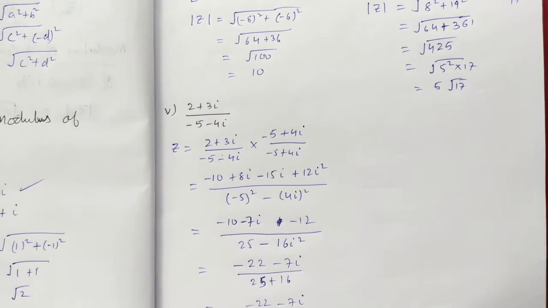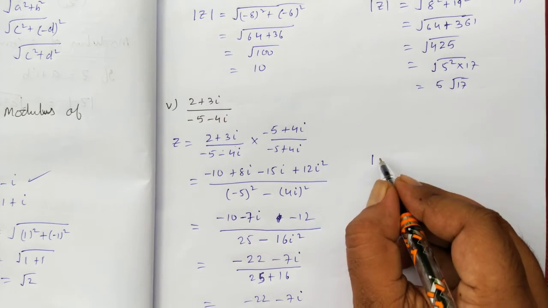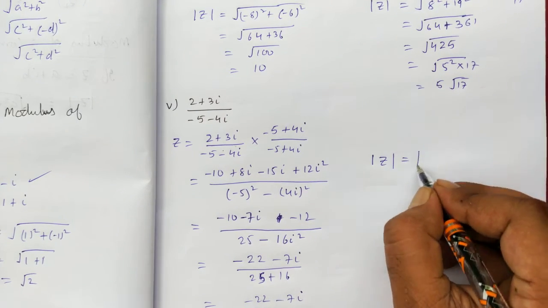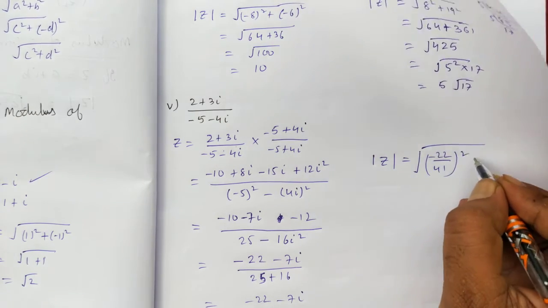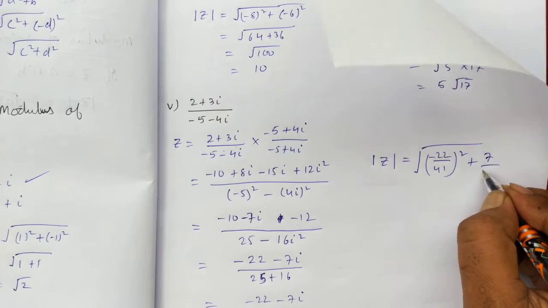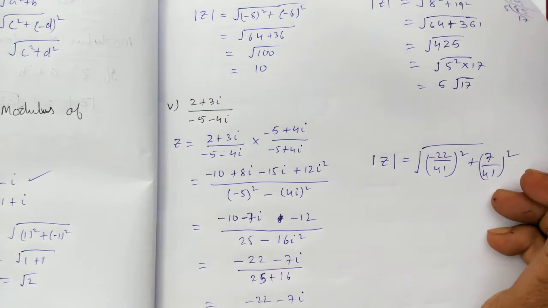What will be the modulus? I'm doing here root over minus 22 by 41 whole square plus 7 by 41 whole square.